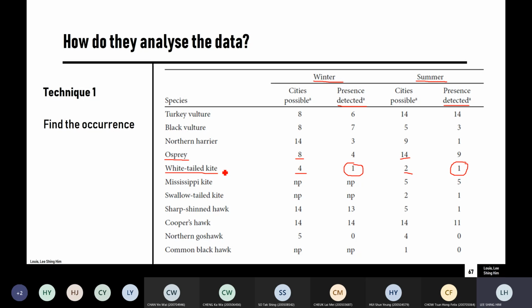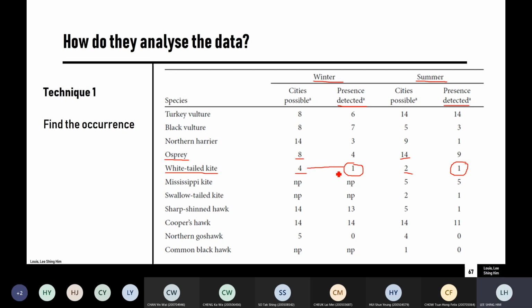So perhaps today, this raptor goes to city A, and then tomorrow it will go to city B. So the same individual will visit multiple cities. And the researcher, using some techniques, deduced that there is only one individual among all these 4 cities. People in these 4 cities are seeing the same bird.